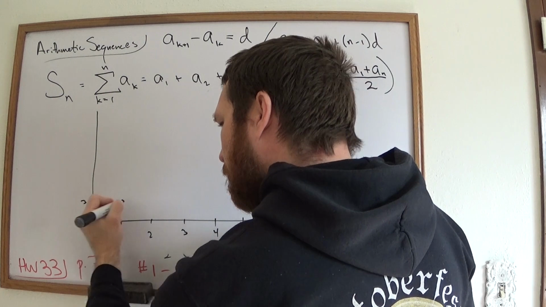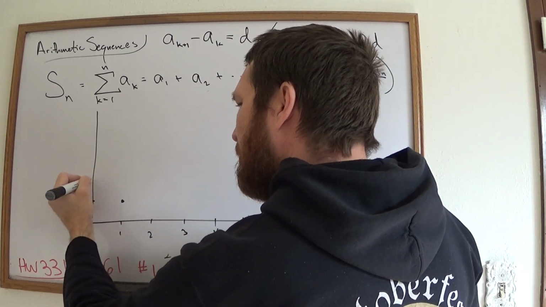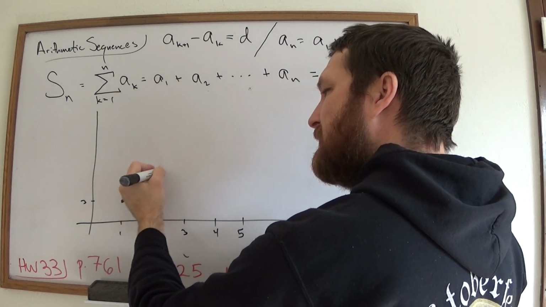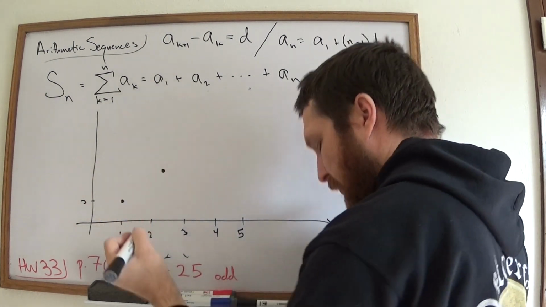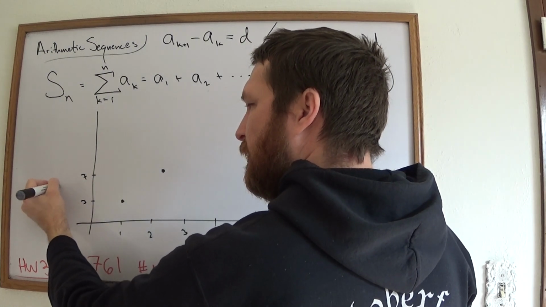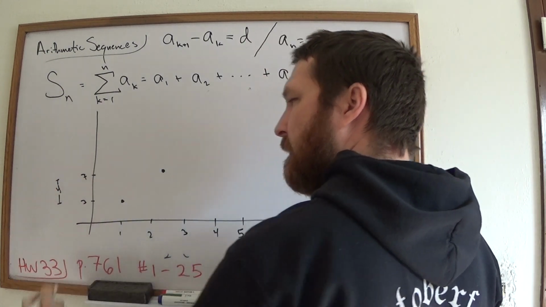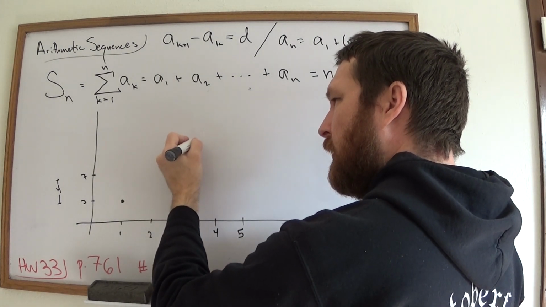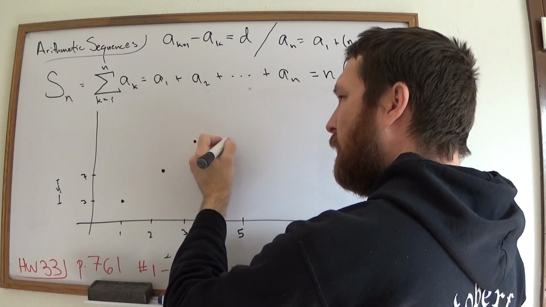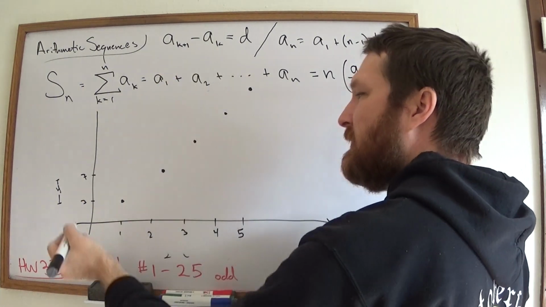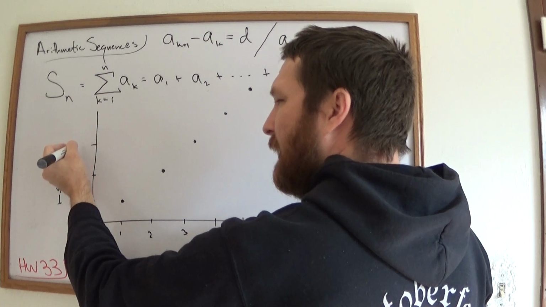Like the one we used earlier, every single step over you go up by the same amount, right? We had 3 and then we went to 7. The difference was 4. We go over 1 more, we go up another 4. We go over 1 more, we go up another 4. In fact, all of these lie on a line.